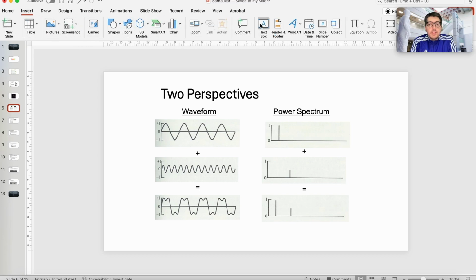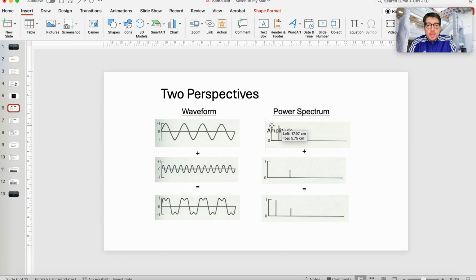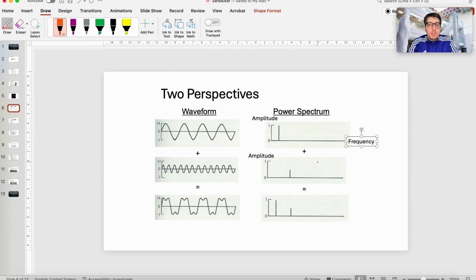So again, I'll show it to you. We have amplitude on the y-axis here, and we have frequency over there on the x-axis. Imagine that somebody was drawing and that we have 1, 2, 3, and 4.